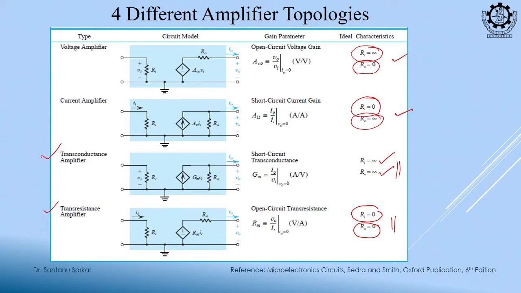By combining these methodologies, if anyone asks what the input impedance requirement and output impedance requirement of a particular amplifier should be, you will be able to answer. Just think about what your objective is. Your objective is to transfer the voltage source or current source totally to the load, so what should be your resistance requirement?